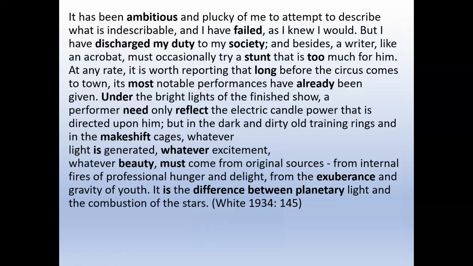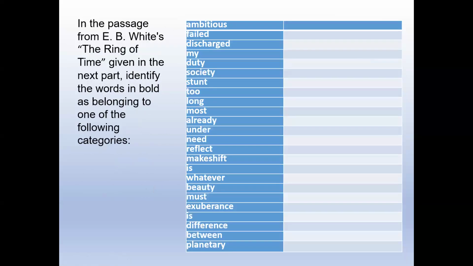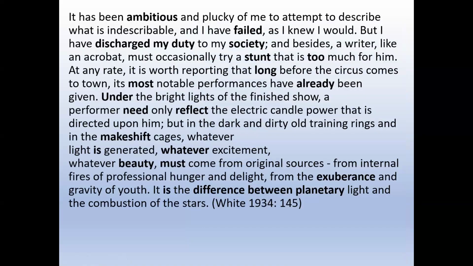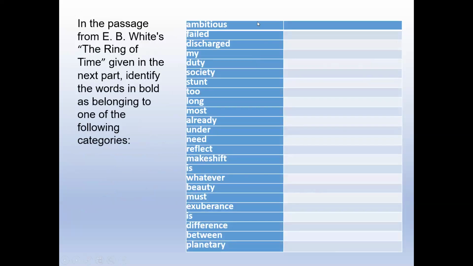Ambitious, failed, discharged, my duty, society. But the thing is, you can't take these words in isolation. Don't take these words in isolation. You have to identify the role of these words along with its context. And that is why I have given these words with the paragraph. And what you have to do is to identify the word class.